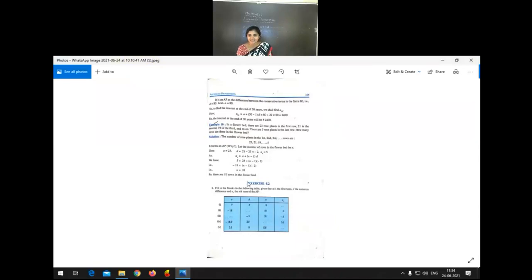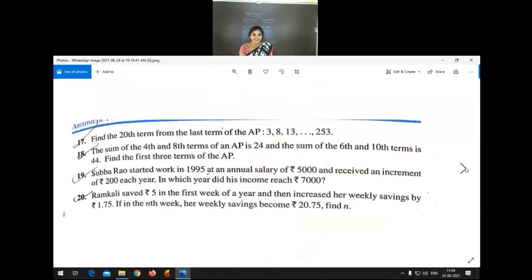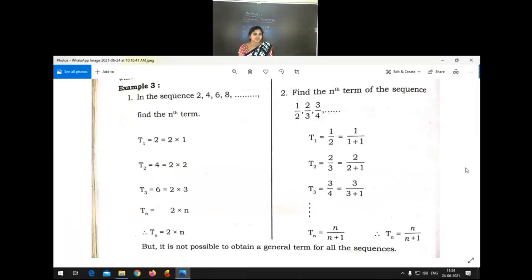I used an old textbook, that's why this is exercise 5.2. The second exercise is very simple. It is related to the general term of the AP. So today's homework is that you have to work out this second exercise. There are a total of 20 problems. Just 20 problems, so you have to work them out today.